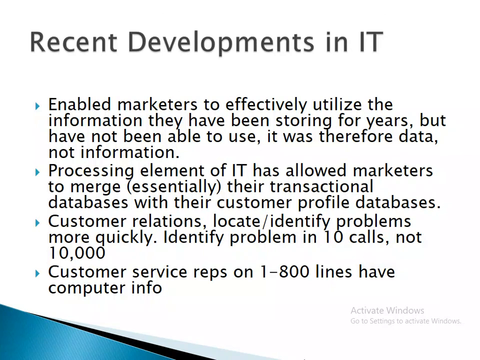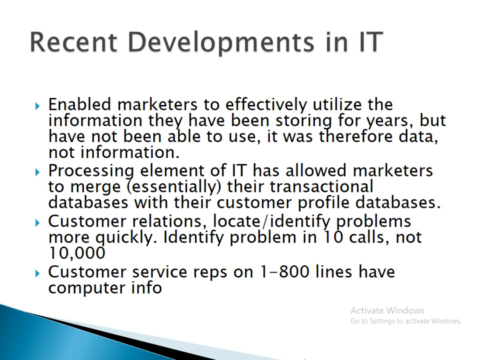So what are the various recent developments in IT? They have enabled marketers to effectively utilize the information that they have been storing for years but have not been able to use. It was therefore data and not information. The processing element of IT has allowed marketers to merge their transactional databases with their customer profile databases.